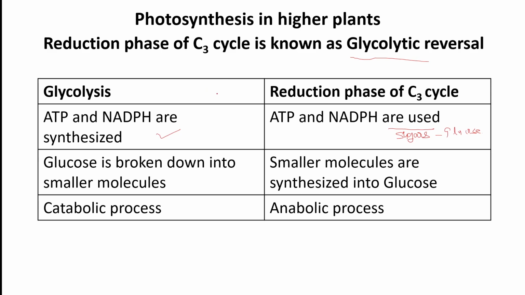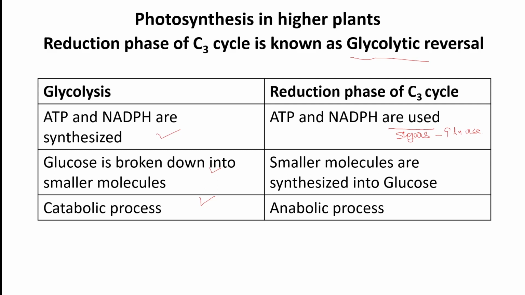And what happens in glycolysis? Glucose is broken down into smaller molecules, so it is a catabolic process, a breakdown of larger molecules into smaller molecules. That's why glycolysis is called a catabolic process.